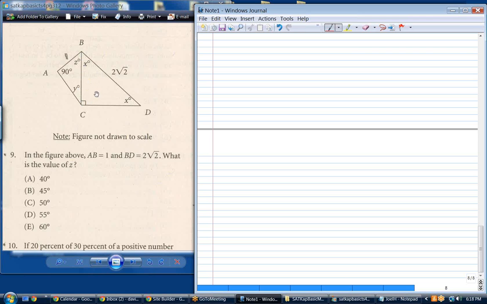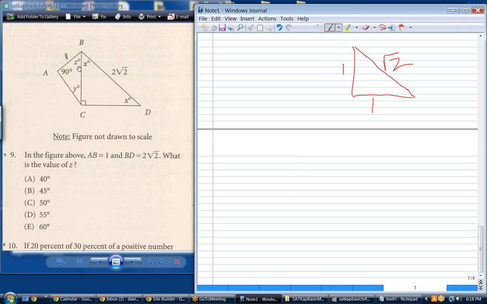Well, you already said this was a right triangle, 45, 45. What are my normal dimensions on a right triangle? 1, 1, square root of 2. So this being 2 square roots of 2, what's this dimension? 2. Okay. So if that's 2, and that's 1, what kind of triangle is this?